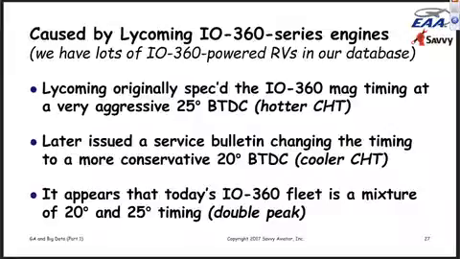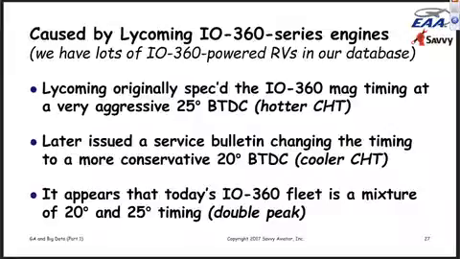And then subsequently, Lycoming issued a service bulletin saying that, as a result of having a lot of high cylinder head temperature issues with the IO-360, they had decided to change the timing on the IO-360 to a much more conservative 20 degrees before top dead center, instead of the very, very aggressive 25 degrees.